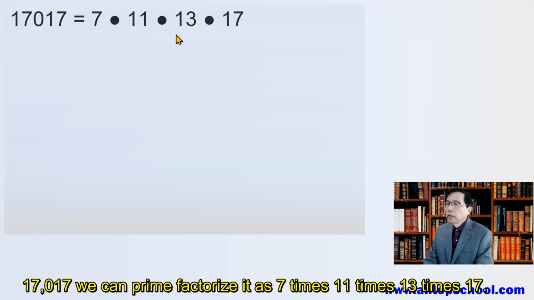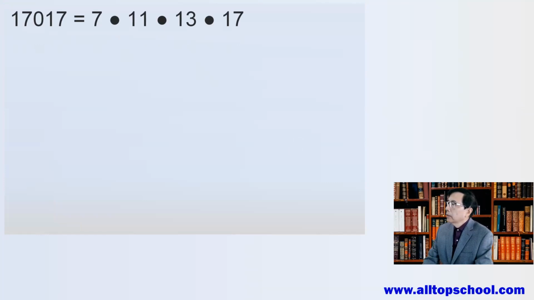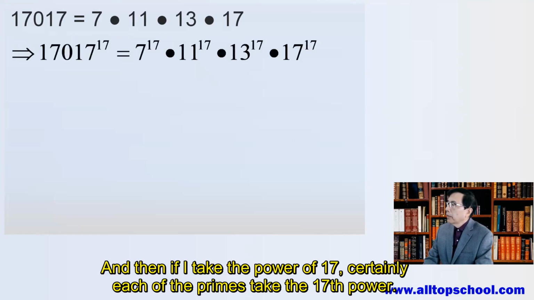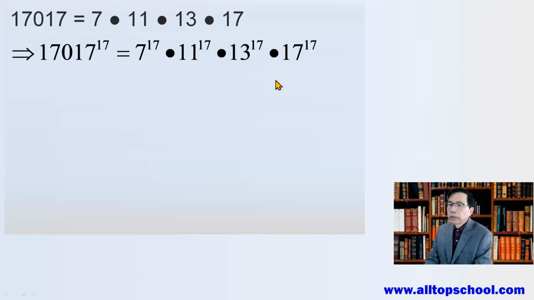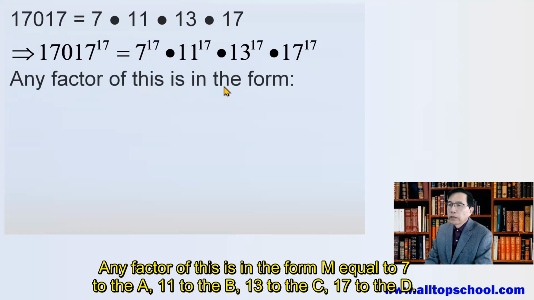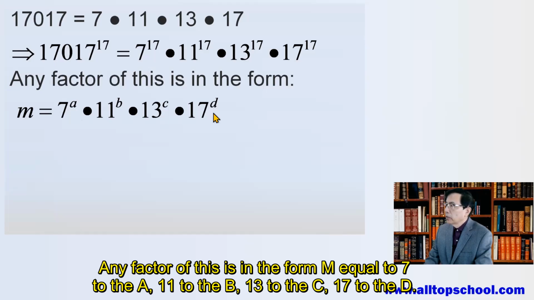17,017, we can prime factorize it as 7 times 11 times 13 times 17. And then if I take the power of 17, certainly each prime takes the 17th power. Any factor of this is in the form m equal to 7 to the a, 11 to the b, 13 to the c, 17 to the d.